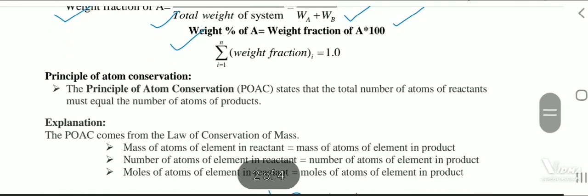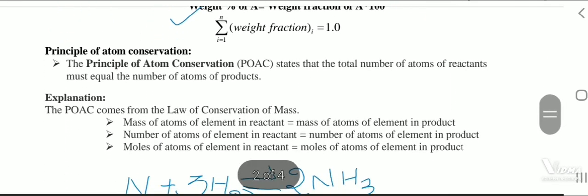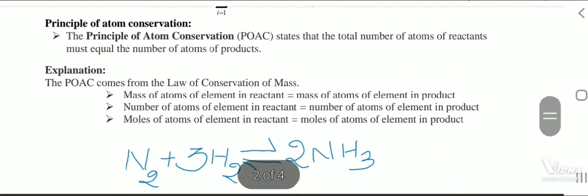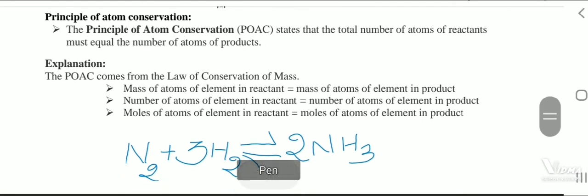Now let's come to the last topic, that is the principle of atom conservation. According to the principle of atom conservation, the total number of atoms of reactant must be equal to the total number of atoms of product. So, in the example of production of ammonia, what is the total number of atoms in the reactant?